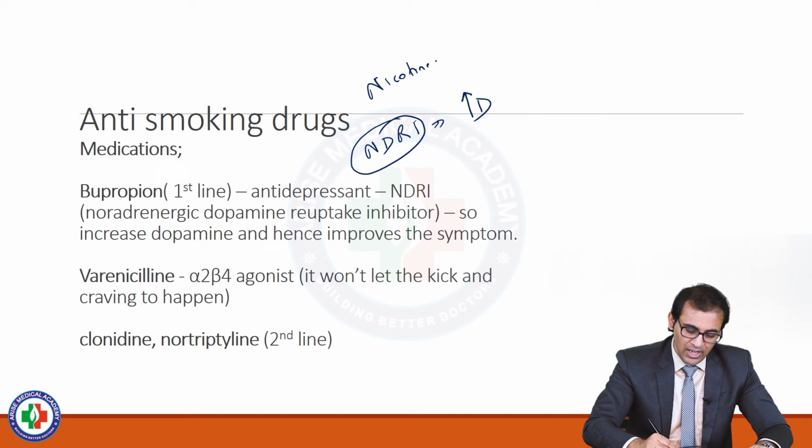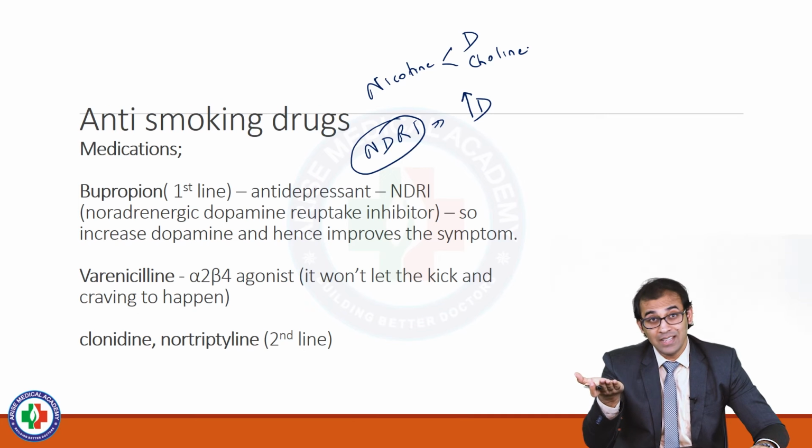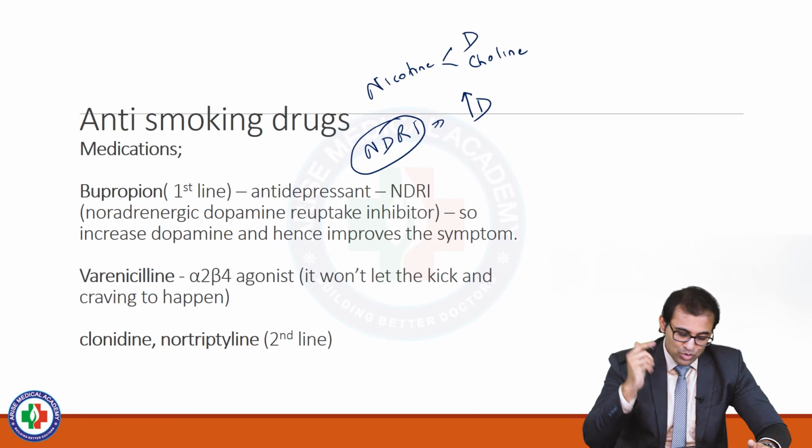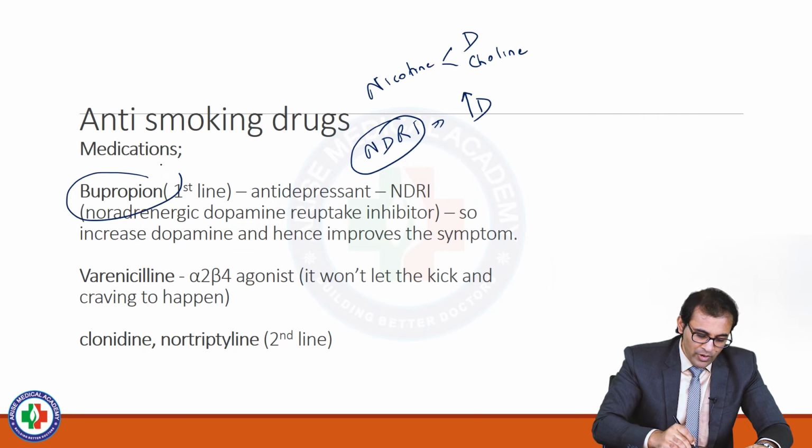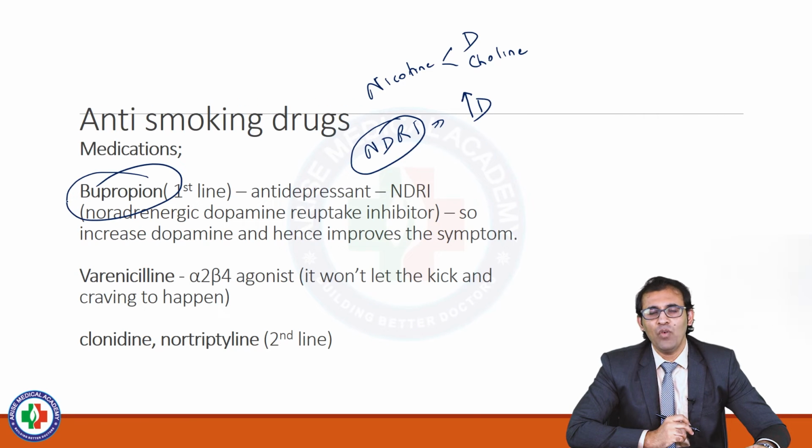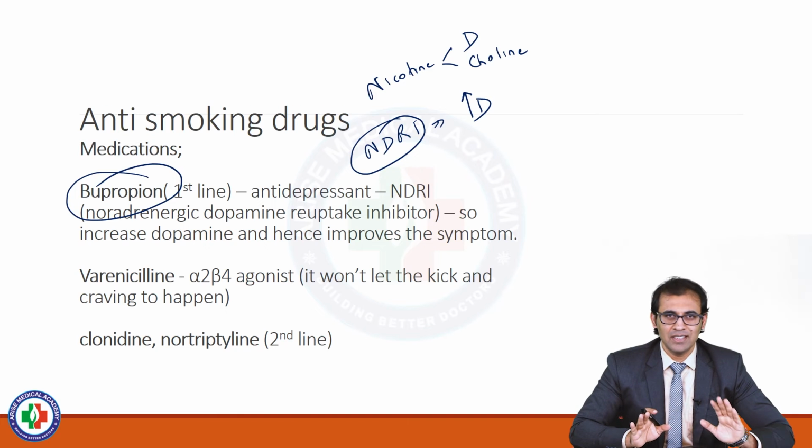Nicotine will stimulate dopamine as well as acetylcholine. Because of dopamine, he gets the kick. Because of acetylcholine, he gets the good attention and the concentration. Right? Easy to understand. So when you give bupropion, there will be elevated level of dopamine and he gets the kick. So basically he does not need nicotine.